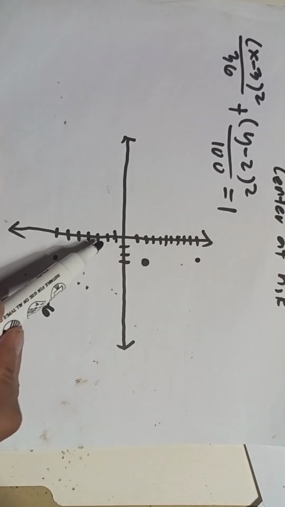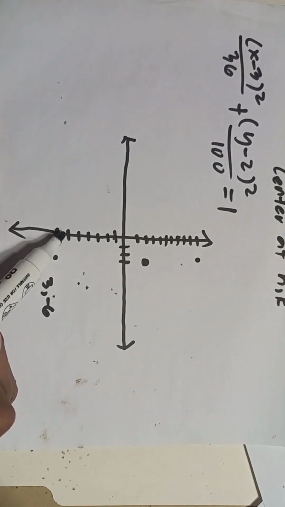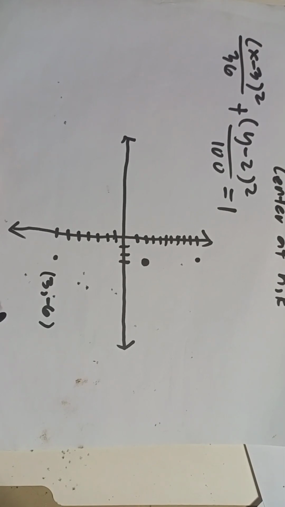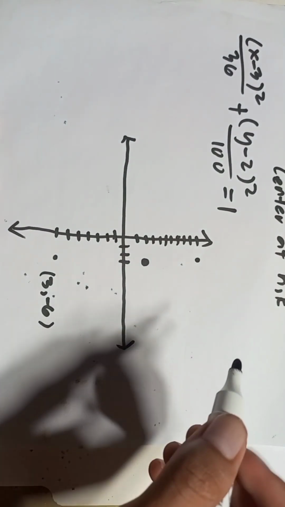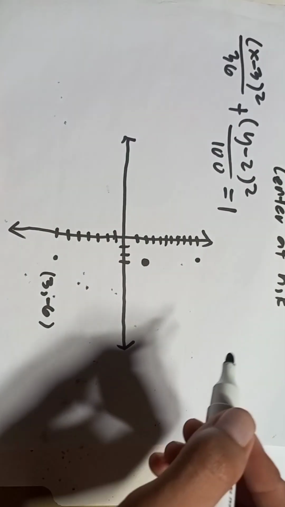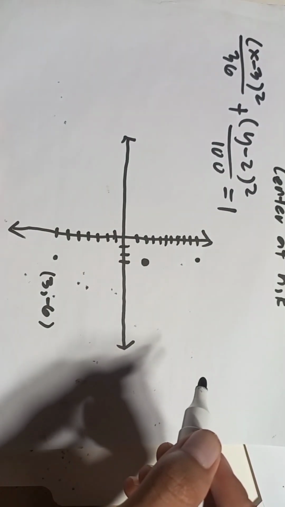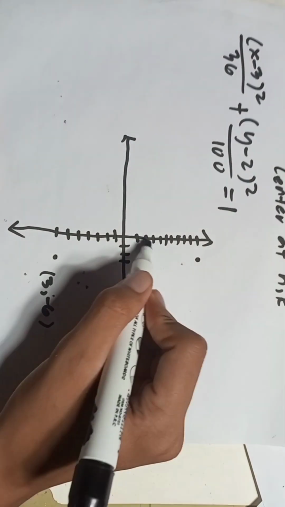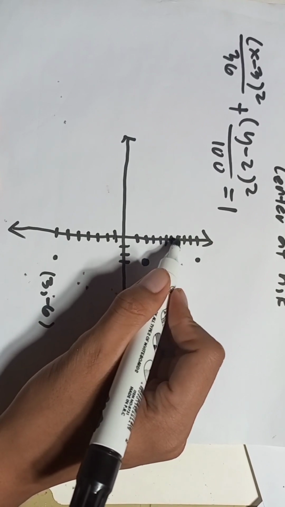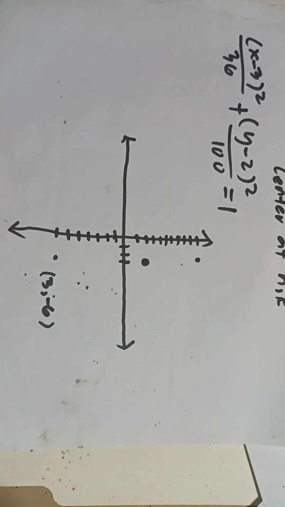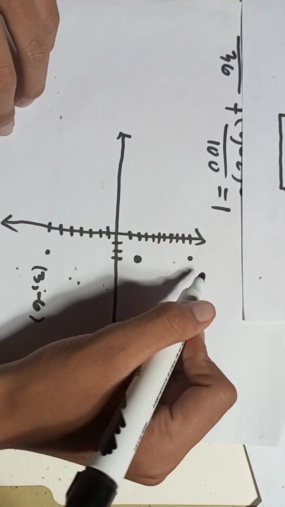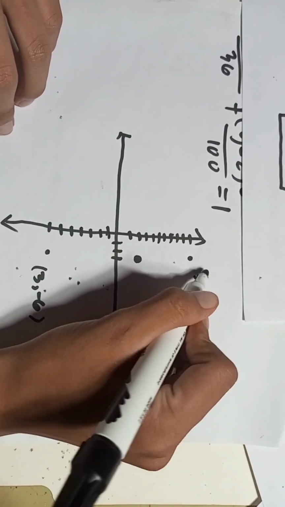Why negative 6? Because 1, 2, 3, 4, 5, 6, so negative 6. Then our f sub 2 is the same direction, 1, 2, 3, 4, 5, 6, 7, 8, 9, 10. So our f sub 2 is 3 and positive 10.